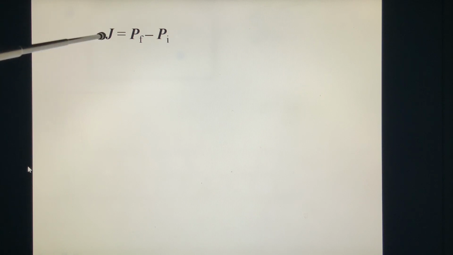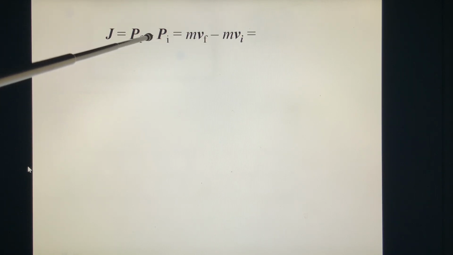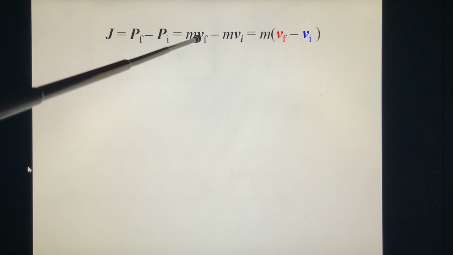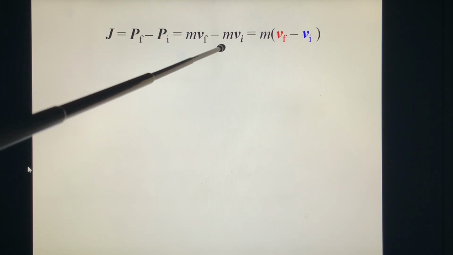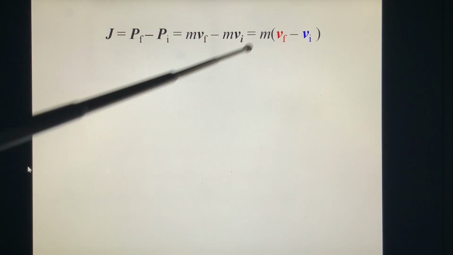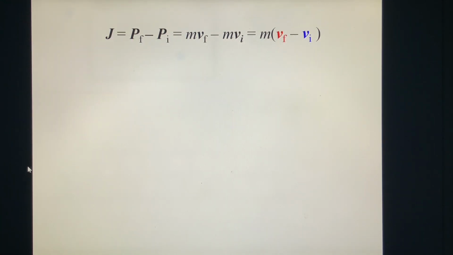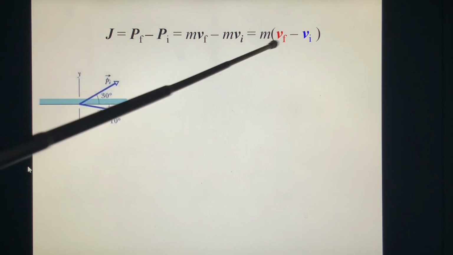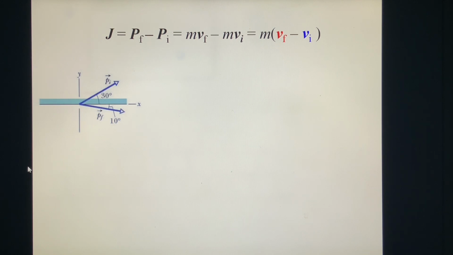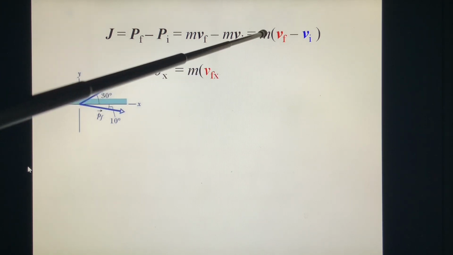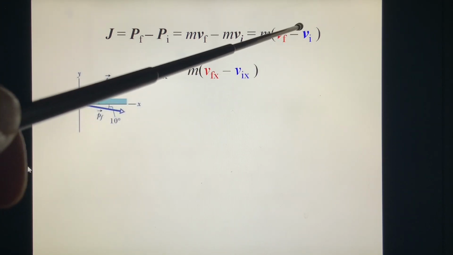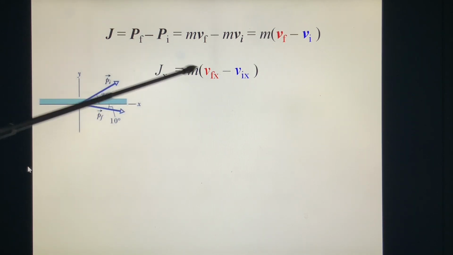We know J equals delta P. P final is m v final, P initial is m v initial, so taking m out, J equals m times (v final minus v initial). This is a vector, so we have to do it on the axes, as in the scalar case. So J_x equals m times (v final x minus v initial x).